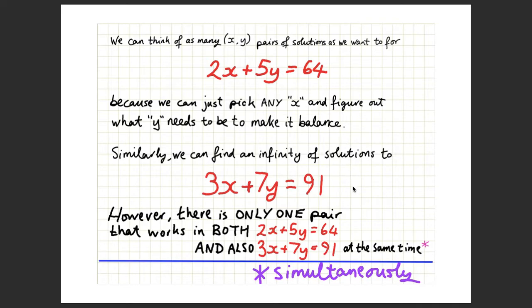Again, you can just pick any x or any y and figure out what the other one has to be to make it balance. However, there is only one pair, x and y, that works in both 2x plus 5y equals 64 and 3x plus 7y equals 91 at the same time. Another word for at the same time is simultaneously, which is why this whole topic is called simultaneous equations.